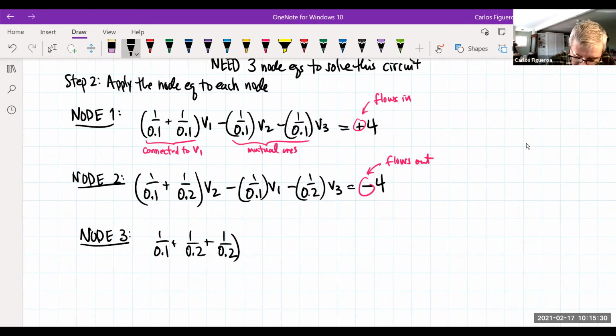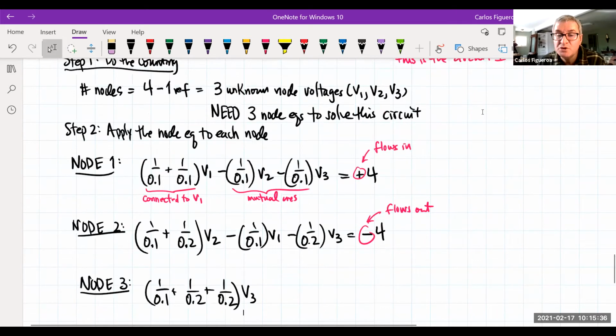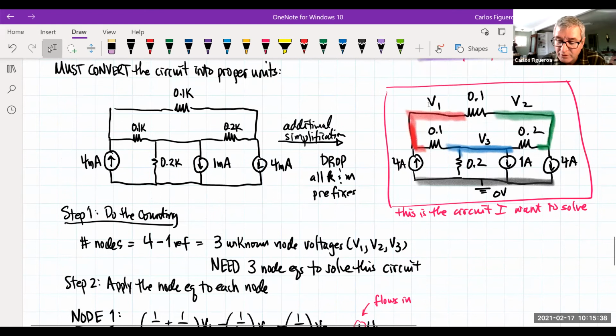So the sum of the conductances connected to node 3. Then I come over here and I say, what are the mutual ones? Well, look at that. The 0.1 is connected to V1. The 0.2 is connected to V2. And look at that. The 0.2 is connected to ground. So I have 3 resistors here.